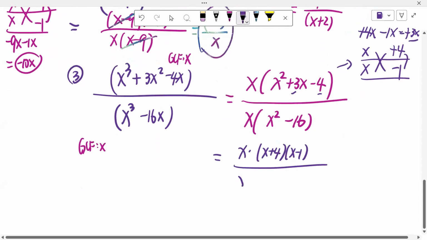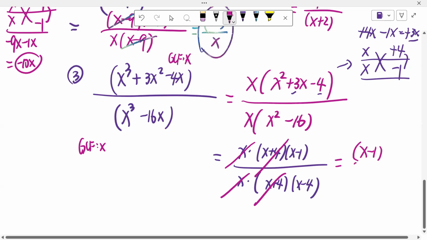On the bottom, again, x carries over, (x + 4)(x - 4). Now here we start canceling: x gets cancelled, common factor x plus 4 gets cancelled. Then we end up with x minus 1 over x minus 4. Any question about this?